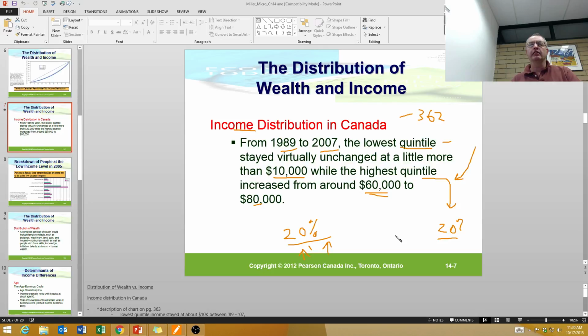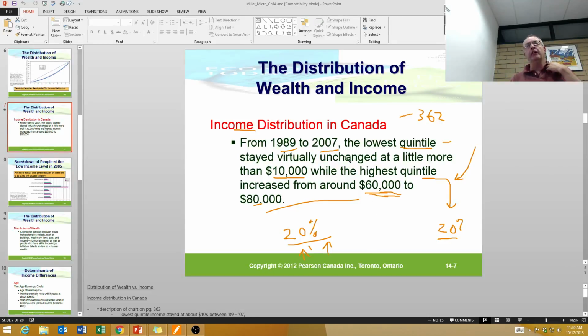Okay, and then the second factor behind why the wealthiest 20% of the Canadian population had such a relatively large increase in annual income is the effect of dual income earners.